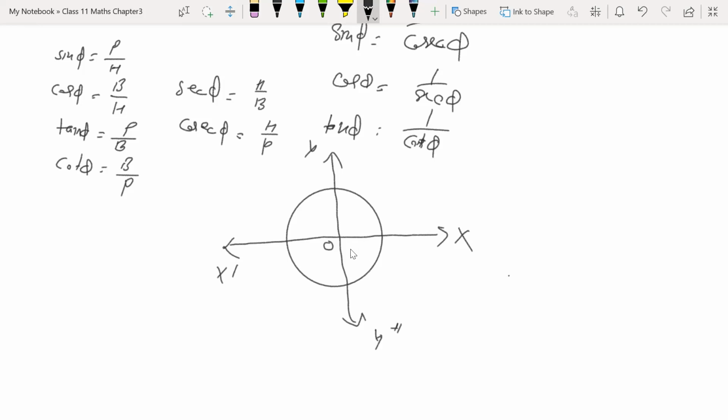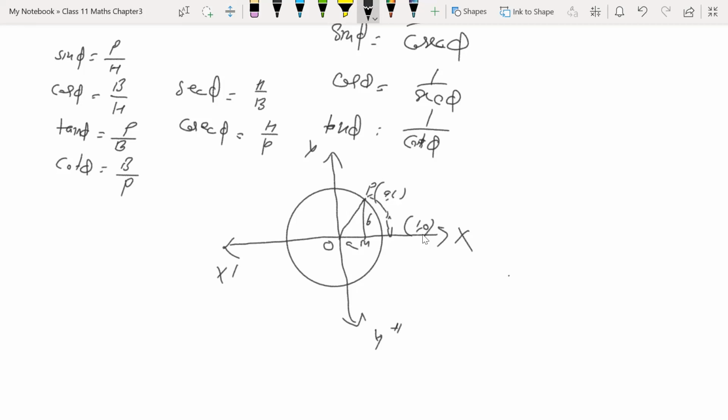Now, let's consider a point P here, such that this is a right angle triangle. The coordinates of A are 1, 0.